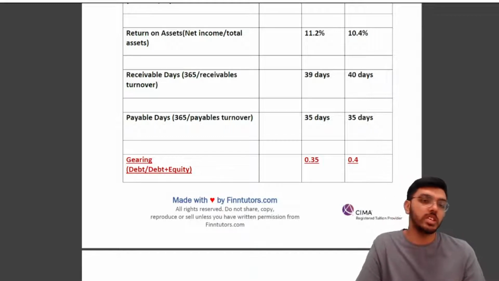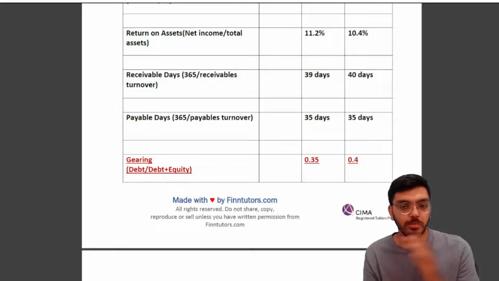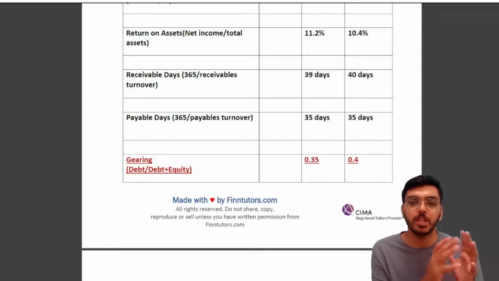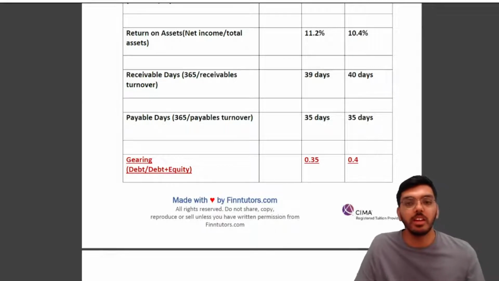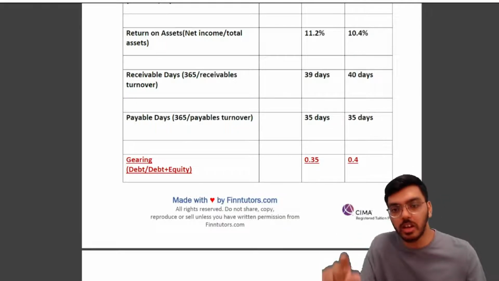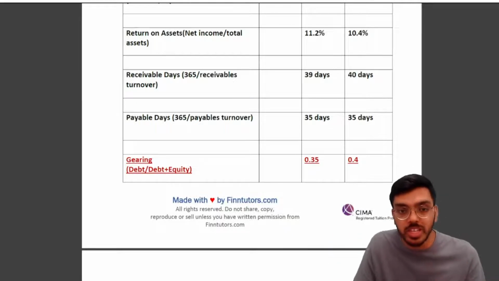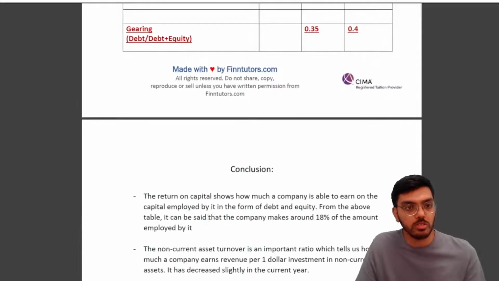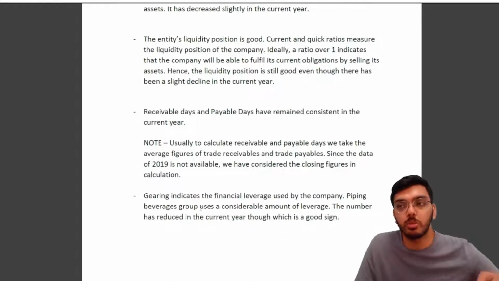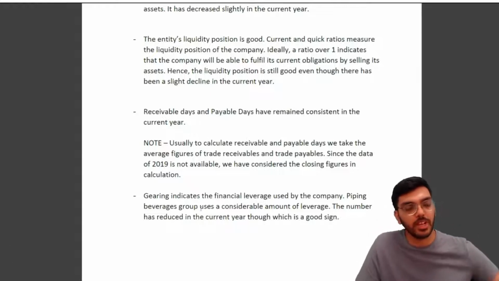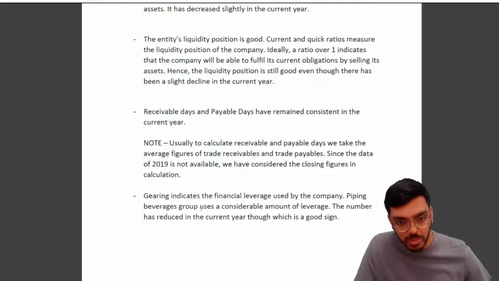Right now, we see that last year it was 0.4, this year it became 0.35 because part of the loan was repaid. So we can say that gearing has gone down. A highly geared company is said to be a risky company because you may not be able to meet the financial considerations of paying a fixed interest at the end of every month.